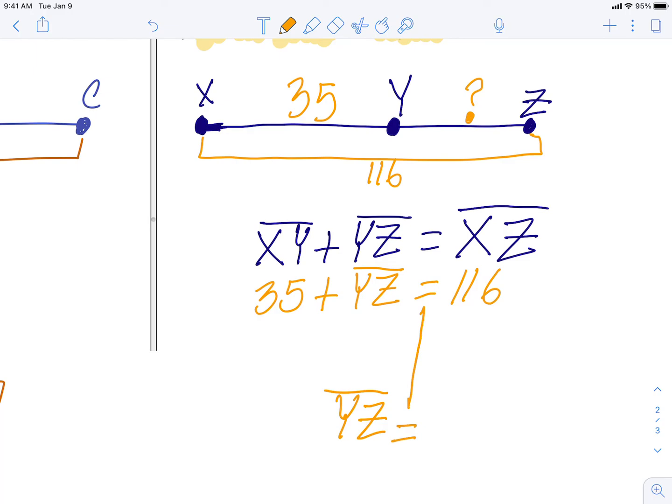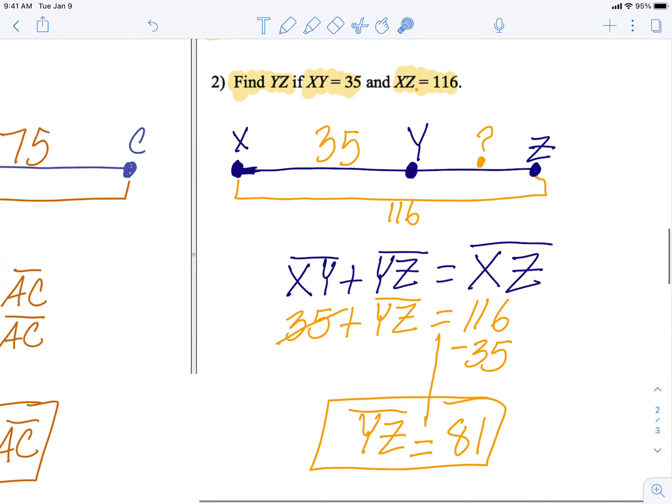Well, I know I need to move 35 over. So I'm going to cross out 35, and I'm going to minus 35. And 116 minus 35 is 81. So YZ is equal to 81. It said find YZ. I found YZ.